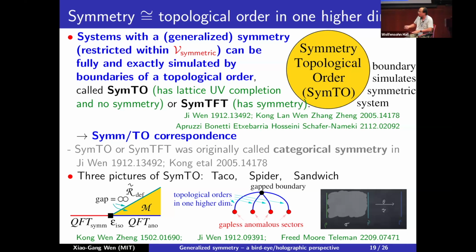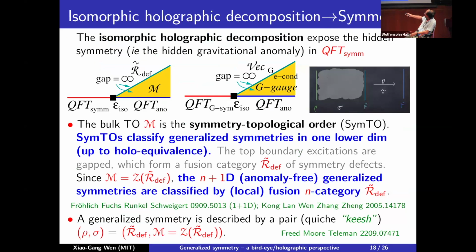And this picture comes from the homomorphism just described, which you can see in quantum field theory. Let's consider the special case where we have an anomaly-free quantum field theory, whose bulk is trivial. Then we say it's holo-equivalent to some anomalous quantum field theory with a non-trivial bulk and with some boundary.